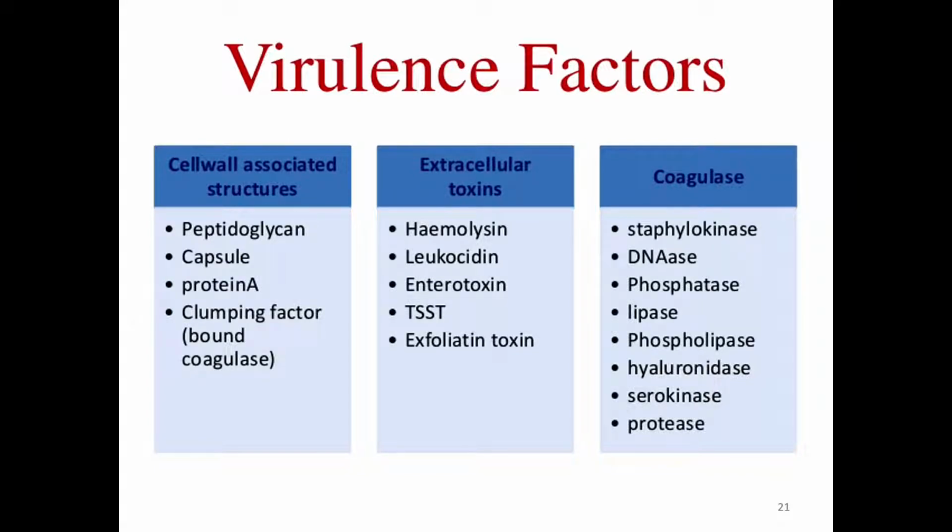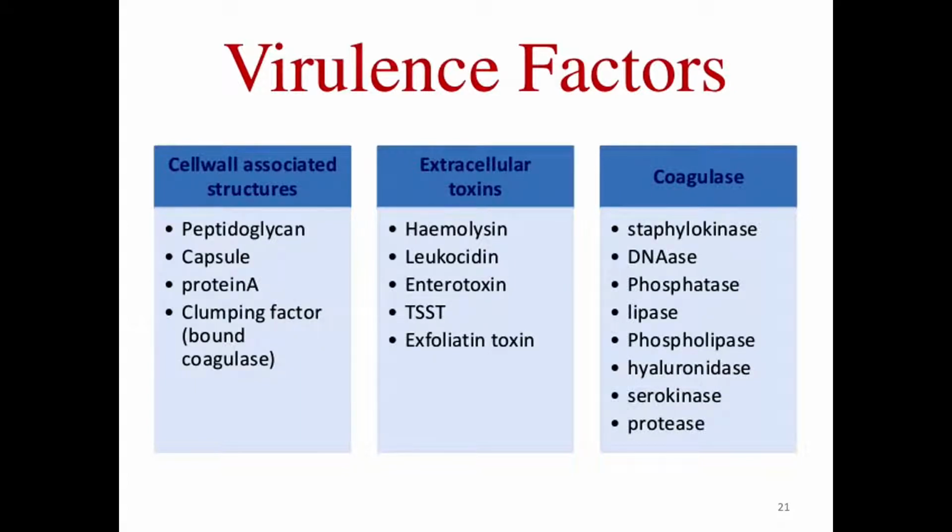First of all, these are cell wall associated structures like peptidoglycan, capsule, protein A, clumping factor. There are also extracellular factors, toxins. This is hemolysin, leukocidin, enterotoxin, exfoliating toxin.